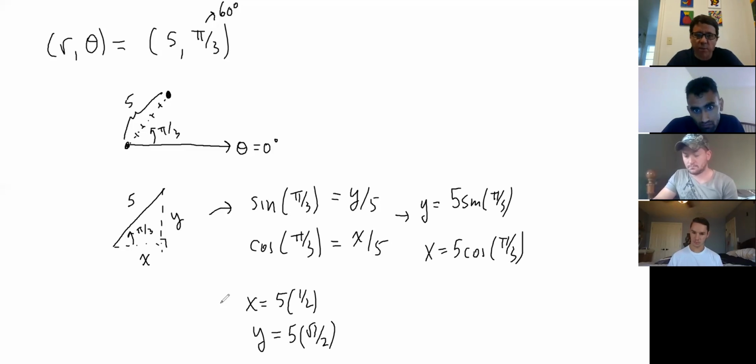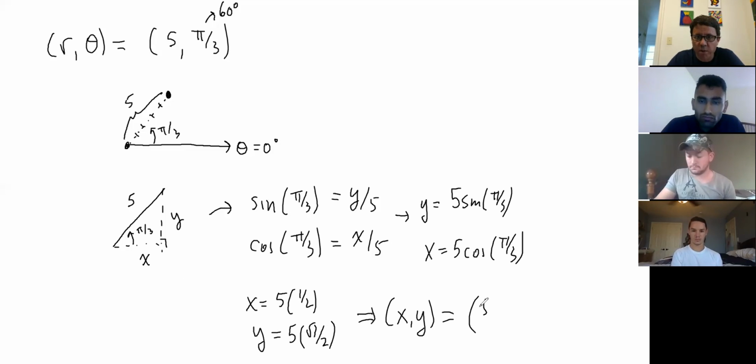So this famous triangle of a half, square root of 3 over 2, and 1 for 30, 60, 90 rears its ugly head again, so you can't escape it. So the xy coordinate would be 5 halves, and then 5 square root 3 over 2. That would tell you how far over to go and how far up to go. And that's unique, right?